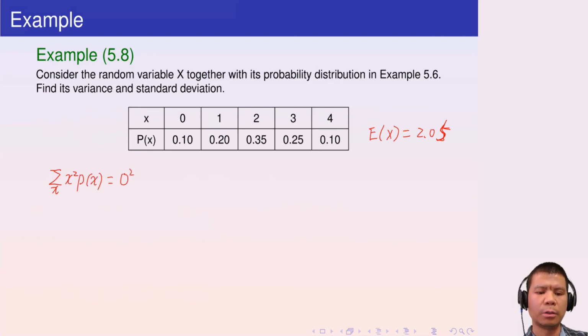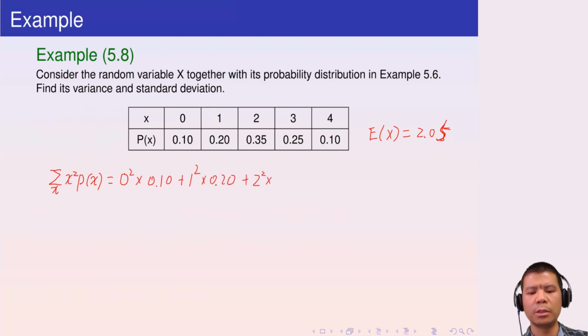So it's 0 squared times 0.10 plus 1 squared times 0.20 plus 2 squared times 0.35 plus 3 squared times 0.25 plus 4 squared times 0.10.